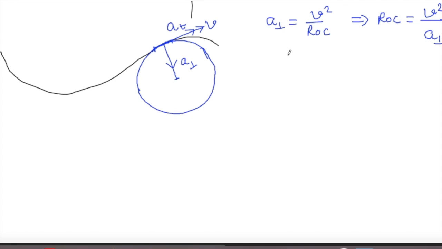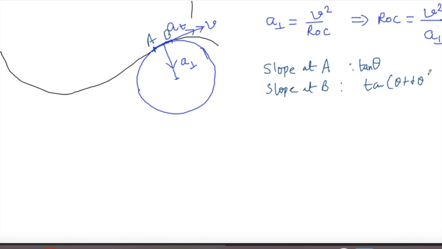Now we are going to discuss the same thing from the mathematical point of view. I am assuming that there are two points, one point is A and the other point is B. Slope at A is tan theta, and slope at B is tan of theta plus d theta.